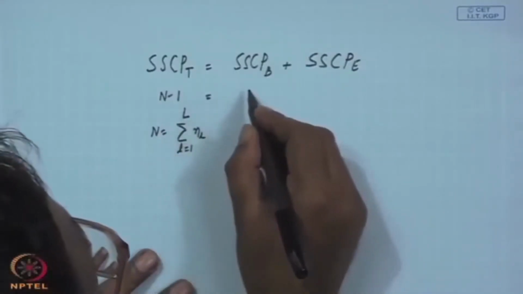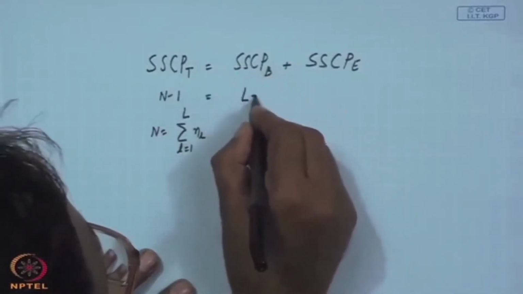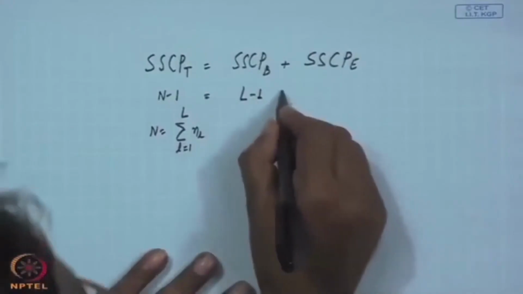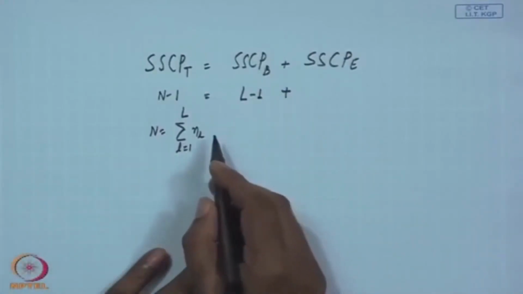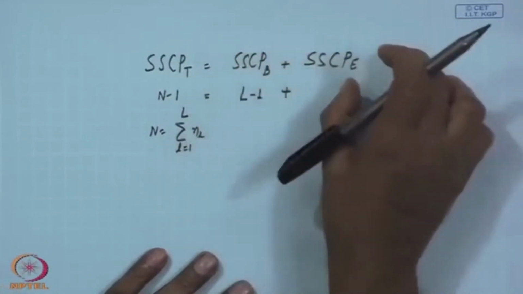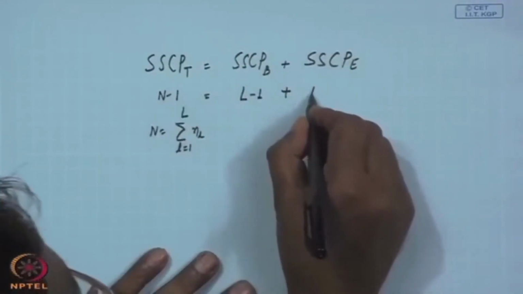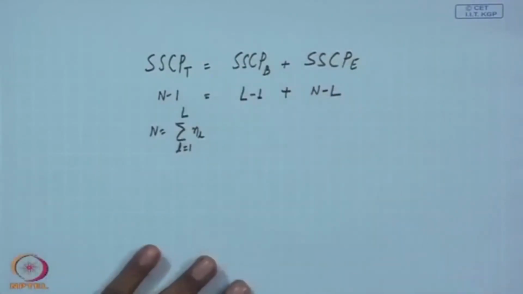So, the degrees of freedom for SSCP B is L minus 1 and the rest will be n minus L.